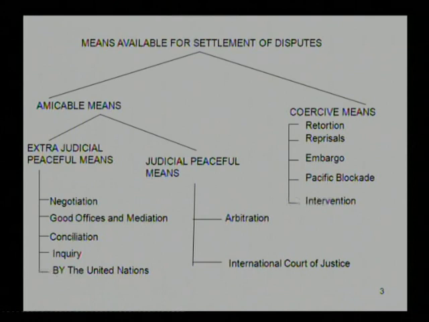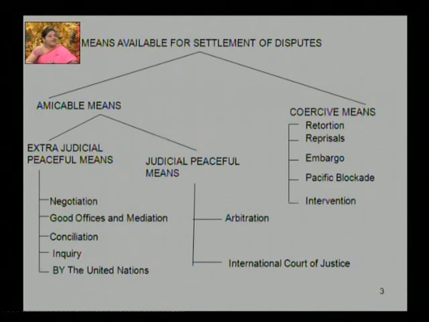Mainly there are two methods or means available for settlement of international disputes: as I have disclosed, amicable means and coercive means. Friends, in layman's language, in our day-to-day language, these two words denote two different things. Amicable means includes peaceful settlement, and coercive means includes forceful methods.